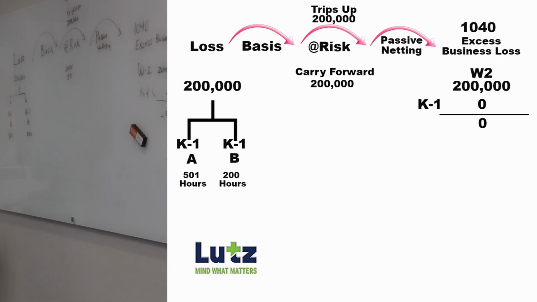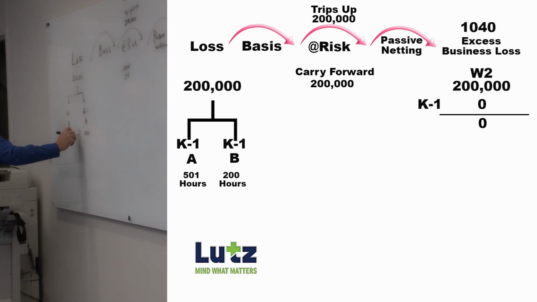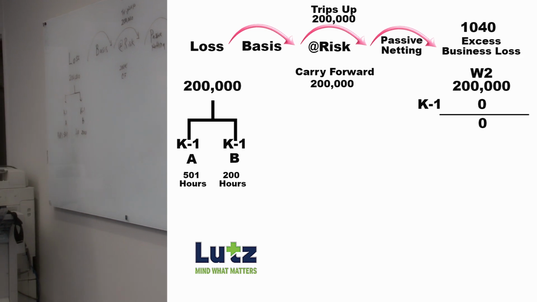Okay, so K1 from business A has 501 hours. This is hours. And why am I talking about hours? CB. Because when you hit 500 hours, it becomes non-passive.